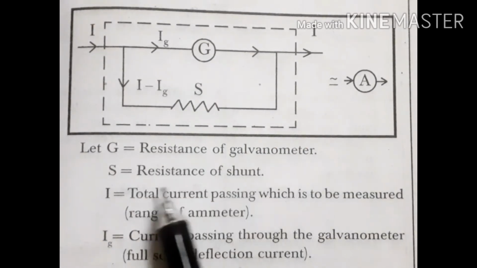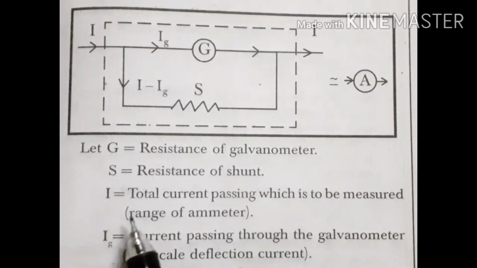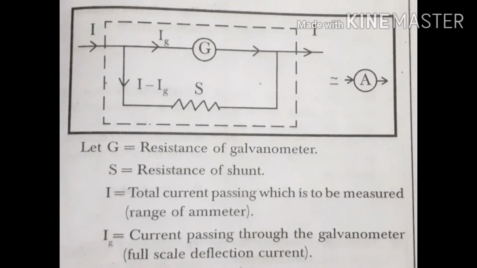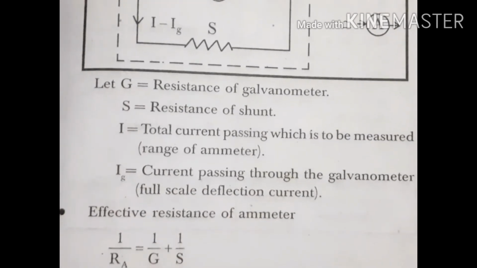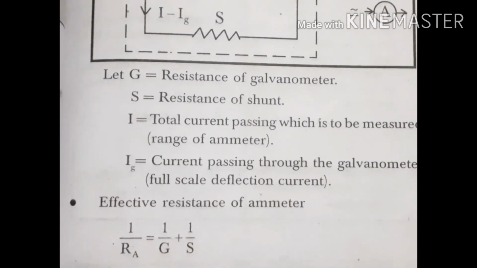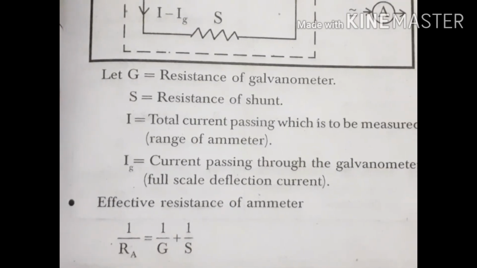G is the resistance of the galvanometer, S is the resistance of the shunt, I is the total current, and Ig current passes through the galvanometer. Now the effective resistance of the ammeter: 1 upon Ra is equal to 1 upon G plus 1 upon S.